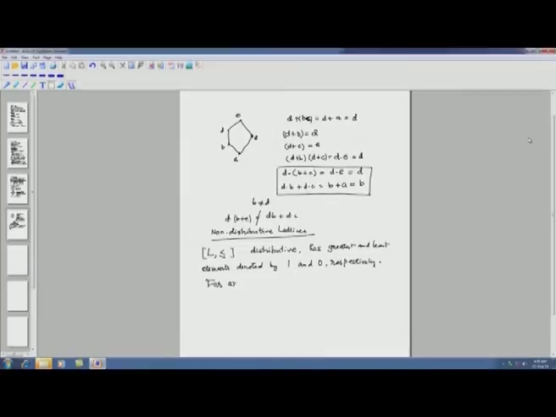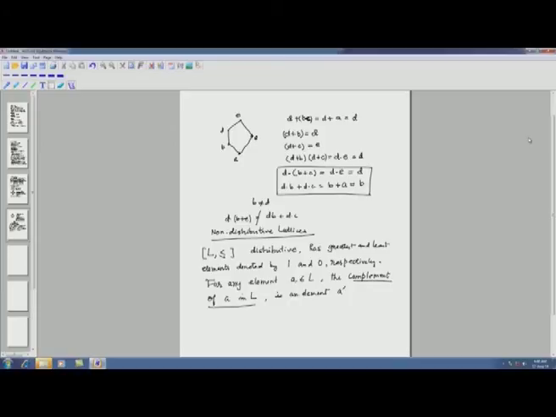For any element A belonging to L, the complement of A in L is an element A prime.